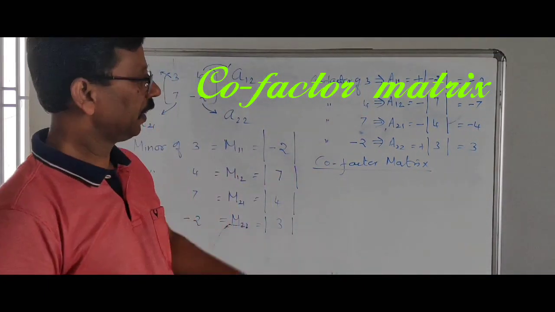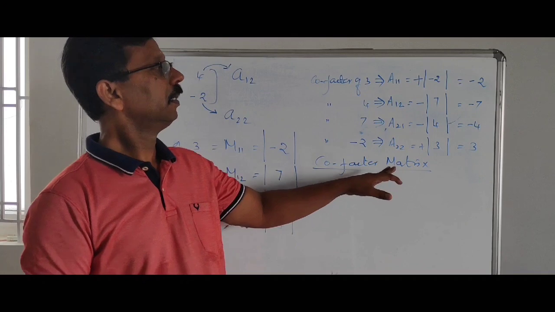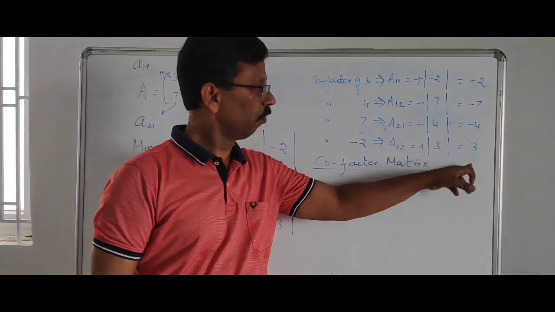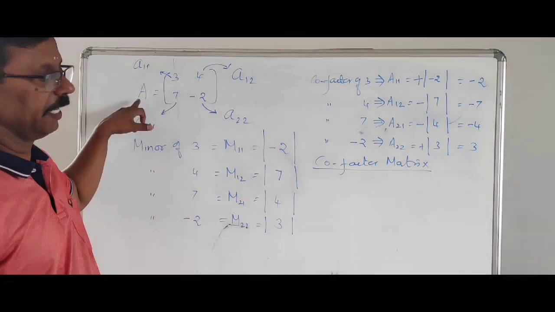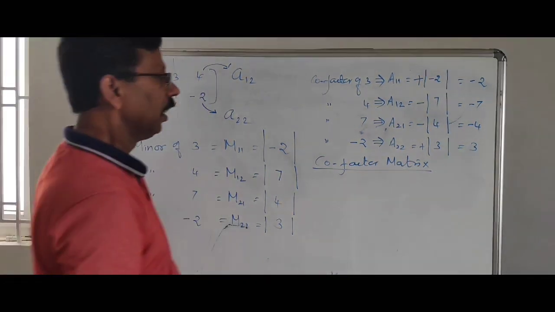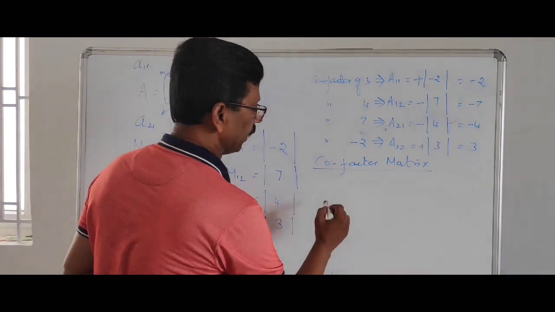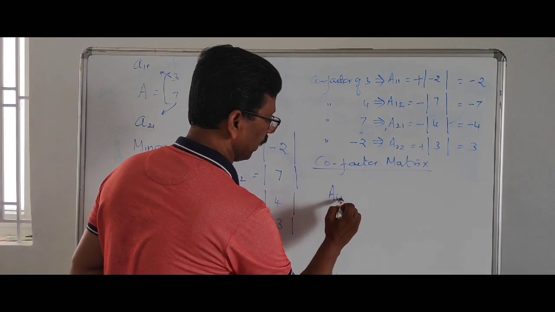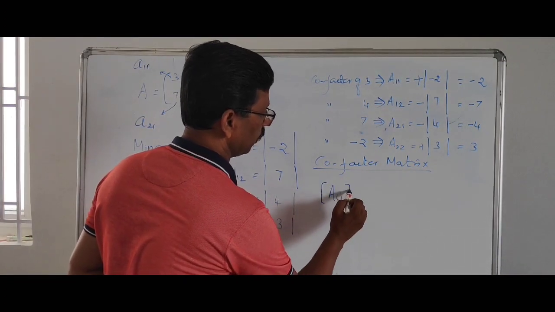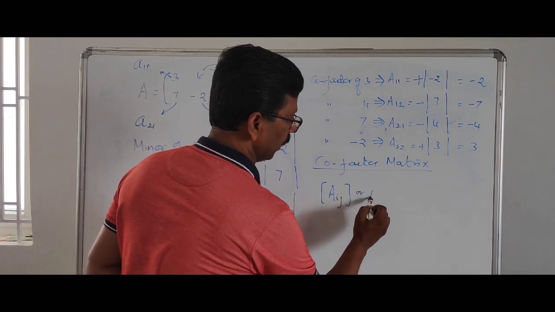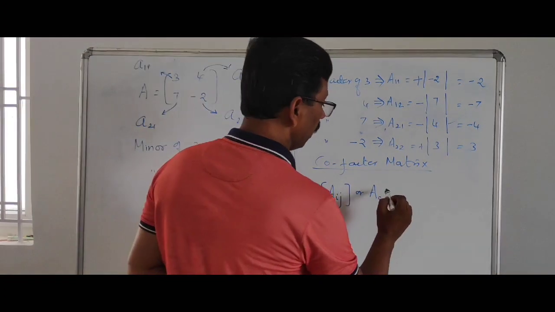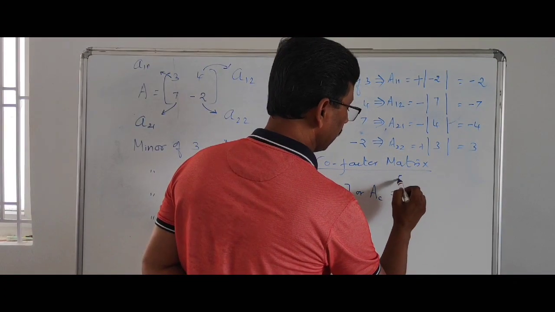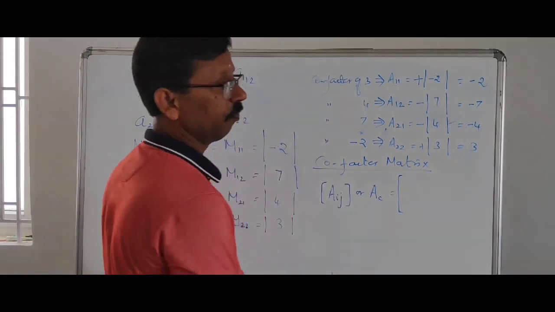The matrix obtained by the cofactors of the elements of the matrix A is called a cofactor matrix. It is denoted by either (Aij) within a bracket, or AC. AC means the cofactor matrix of the matrix A, which is obtained by writing their corresponding cofactors.